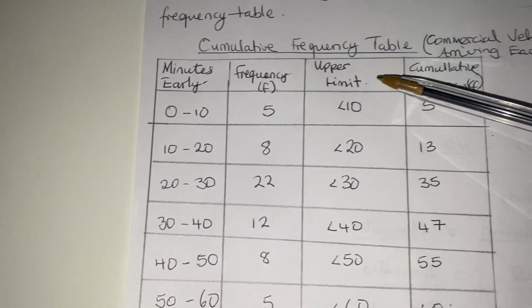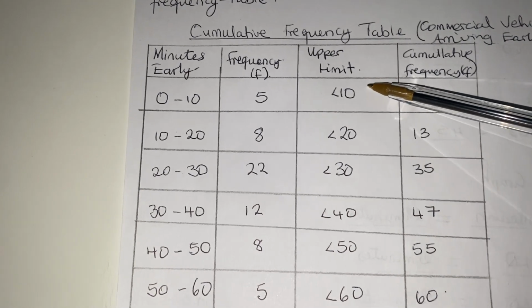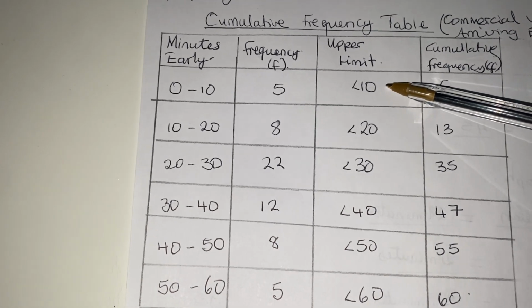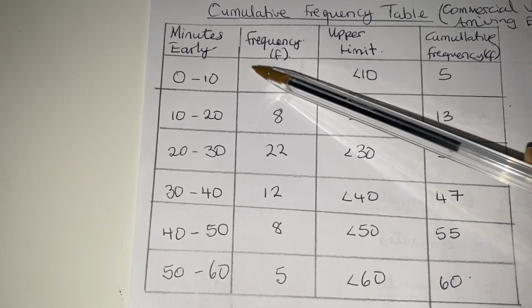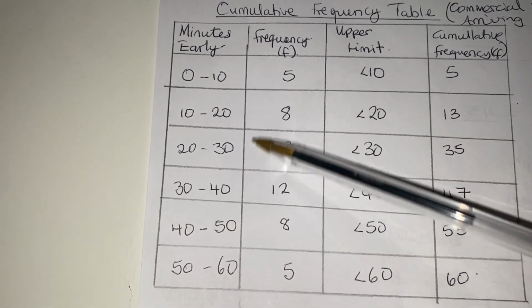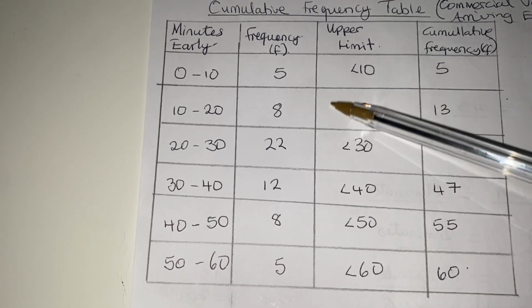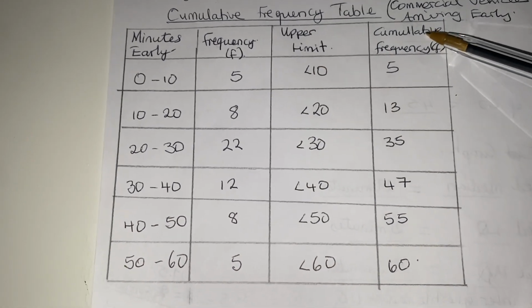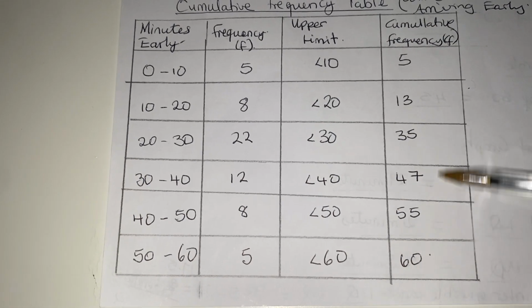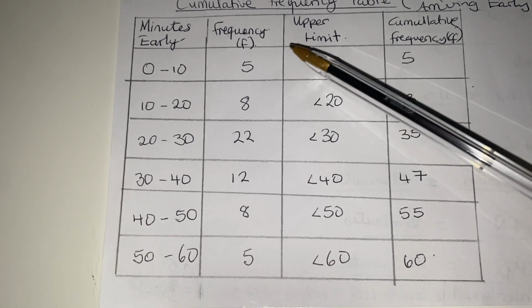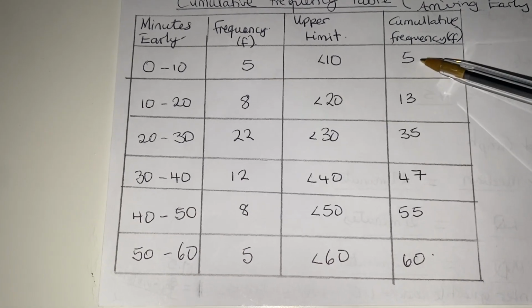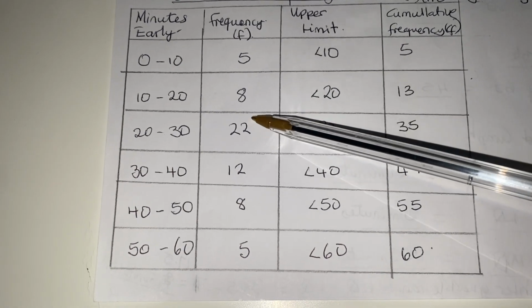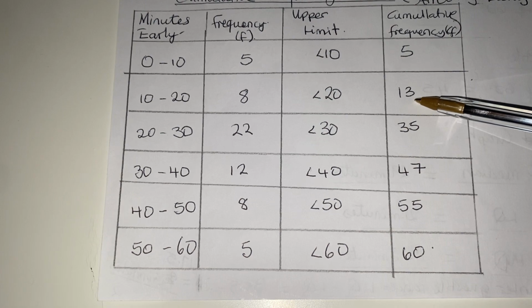Now to plot the cumulative frequency table, first we are looking at the table. You need to use the upper limit to plot on your x-axis, and then your cumulative frequency on your y-axis. So the first one is 5. It's like you're accumulating something. So 5 add 8 is 13.